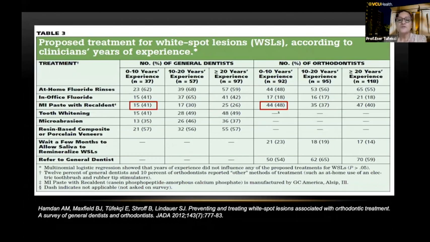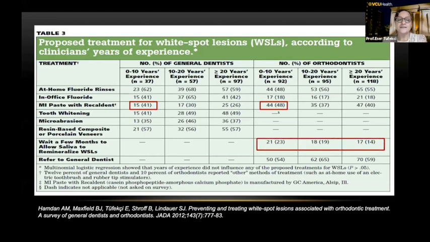It was interesting to see that this product is quite new, maybe within the last decade. So it's interesting that only clinicians in both groups, general dentists and orthodontists, who were in practice up to 10 years were recommending this product. So I think being familiar with what is available out there is also a factor.